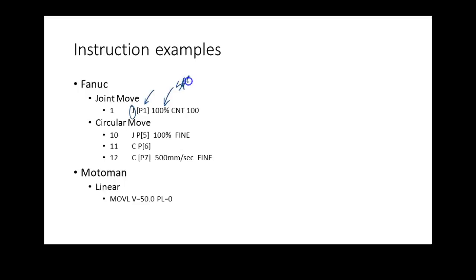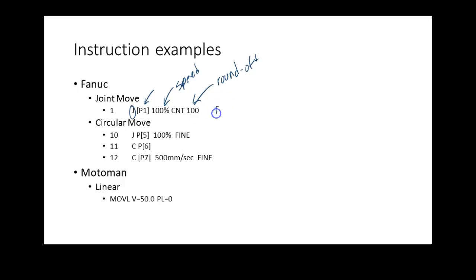Speed. And what's this right here? This is what we'll refer to as the round off. So that means this guy's going to cut the corner. So on this one, the smaller you make the round off, the more accurately it's going to hit the corner.